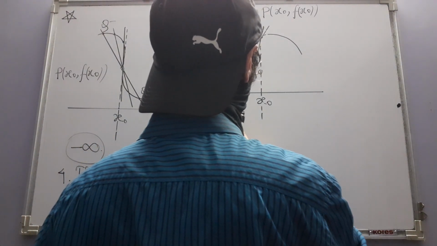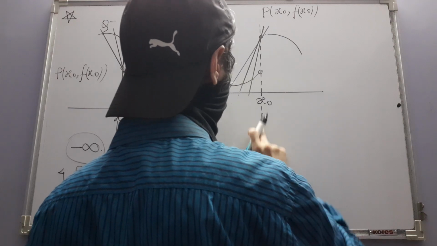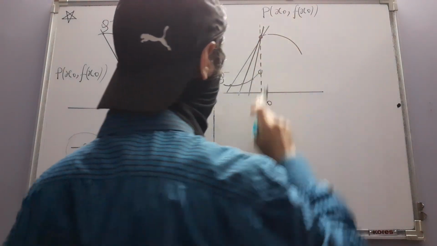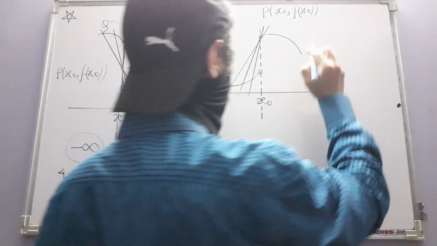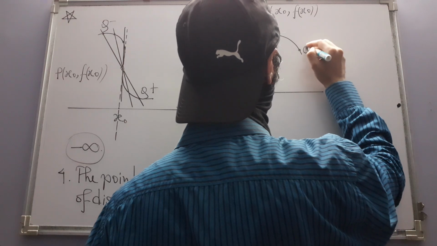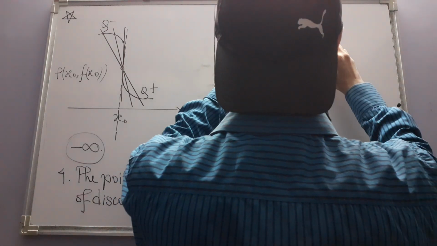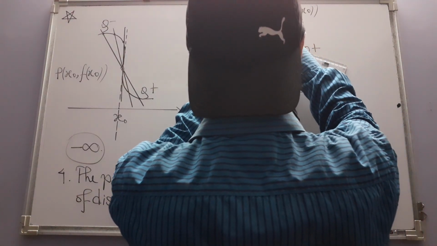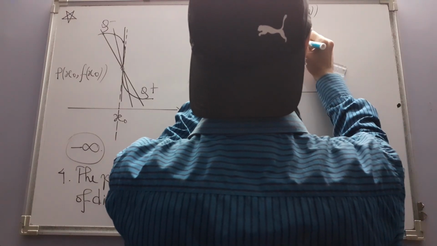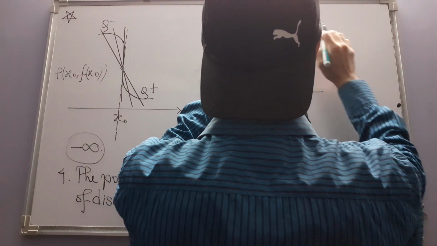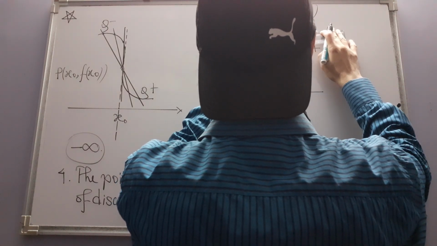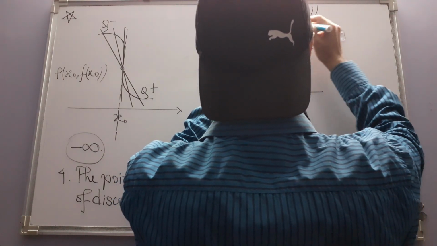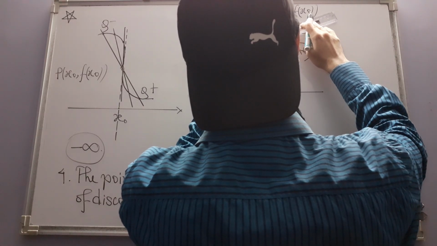So the left hand derivative of the function at x naught does not exist, because the value is plus infinity. Whereas if you run your process on the right hand side, the secants also assume a limiting position.